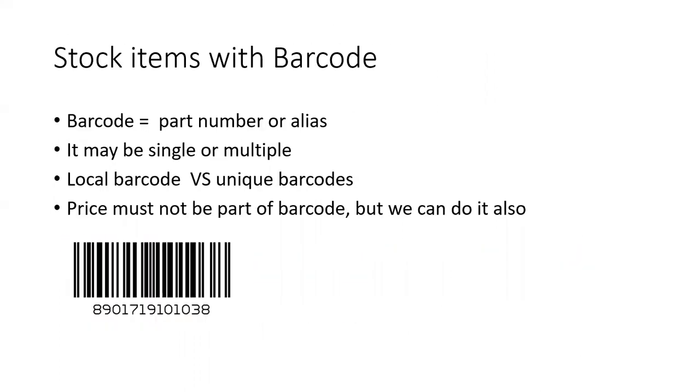And the item will be selected from scanning. Okay, nothing to do. Zero efforts. We have to just put the barcode of that item first time in master. Next time, forget it. Just select the gun. Just push that gun button. Tally will automatically consider the item. Okay.